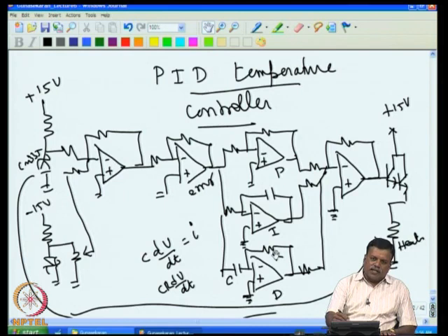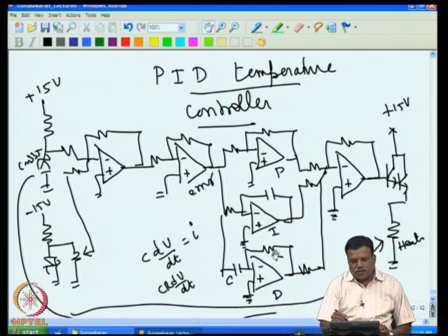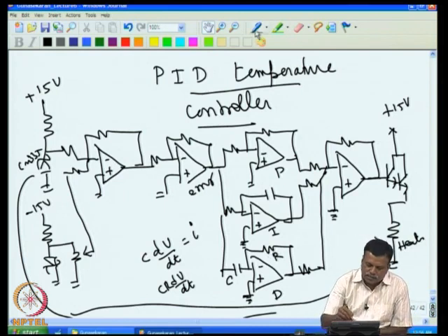This is mainly done to avoid noise pickup, because as I said, if the voltage change occurs at this point, the changing voltage produces a changing voltage here. If here we are using a capacitor, and I have to have a large differentiator time constant, then I have to use a large C here.